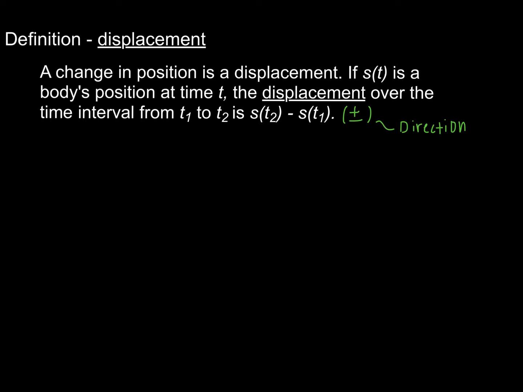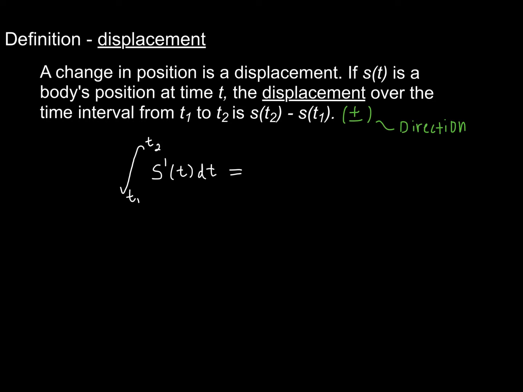So let's go ahead and write this out. We have the integral from t sub 1 to t sub 2 of s prime of t dt. And of course we know that s prime of t is just velocity.